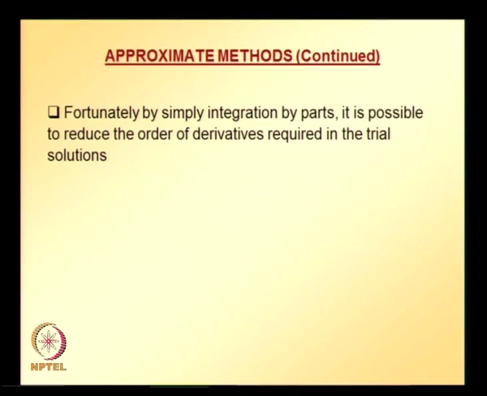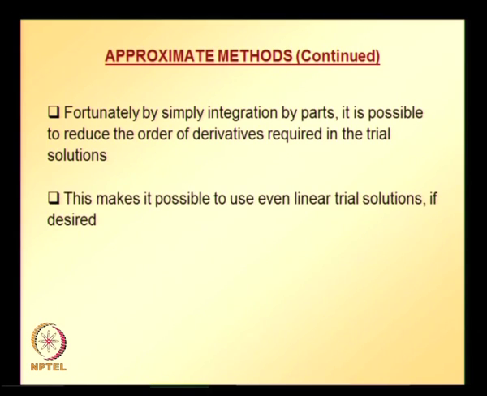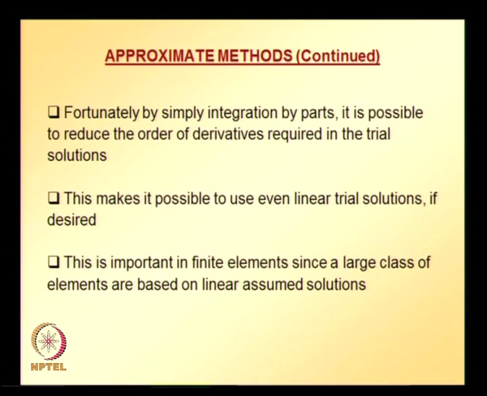Fortunately, by simple integration by parts it is possible to reduce the order of derivatives required in the trial solution, and this makes it possible to even use a linear trial solution if desired, and this is very important in finite elements, since a large class of elements are based on linear assumed solutions. This point will be clearer for you at later stages of this course.